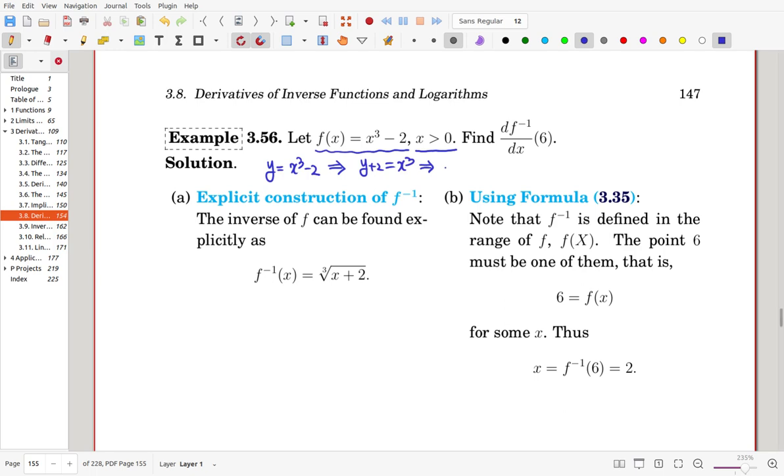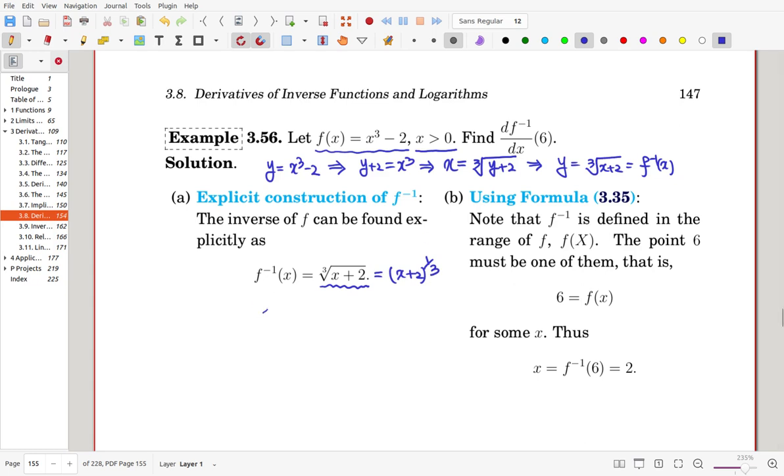From this one, now x is the same as the third root of y plus 2. And here we exchange x and y, then y equals the third root of x plus 2, which is the same as f inverse of x. Of course, that can be written again as x plus 2 to the 1/3 power.